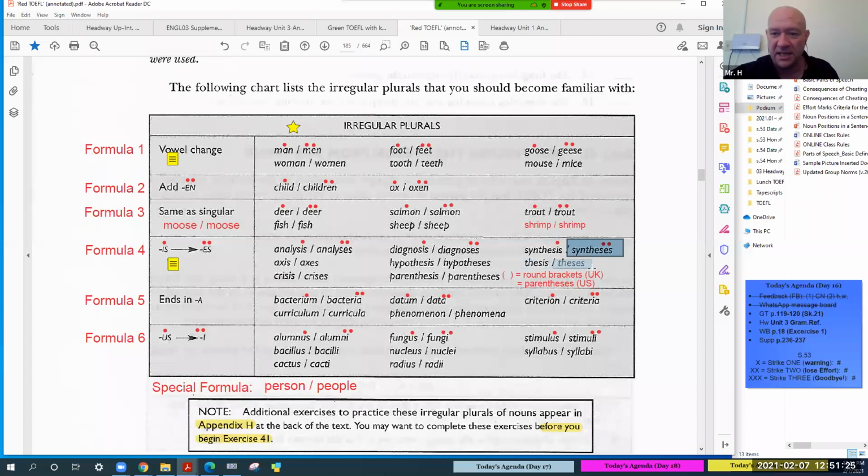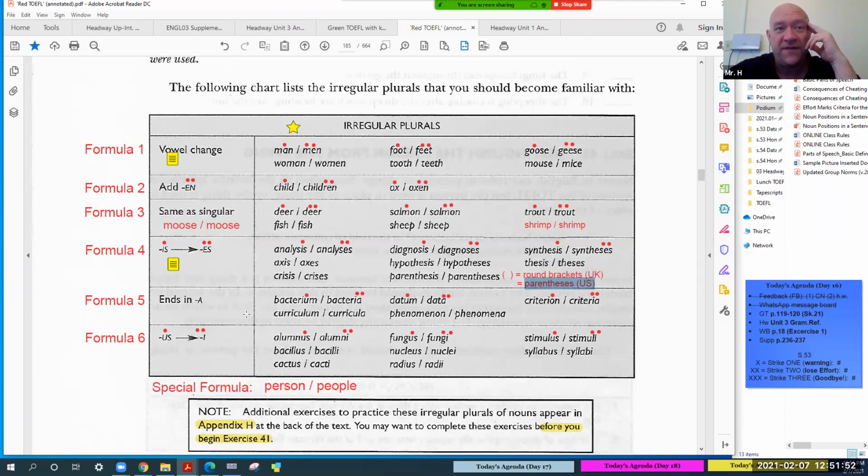Now, the word parentheses means round brackets. In the UK, they say round brackets. But you can see the word parentheses in TOEFL, by the way. We say parentheses, okay?